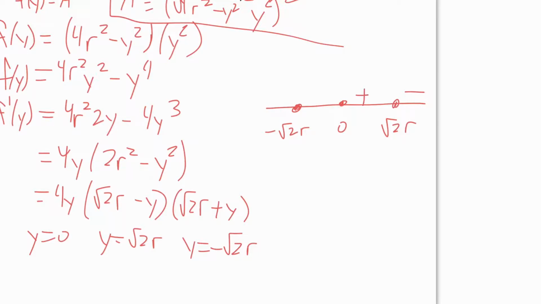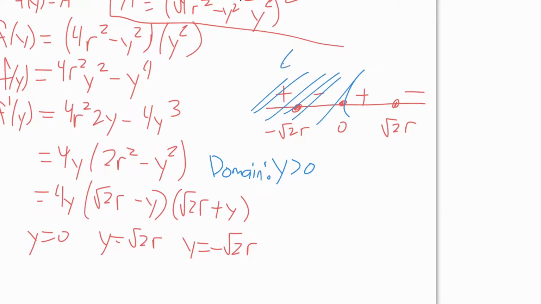Negative, positive, negative, positive. We should note that y must be positive. That's our domain. Which means right here, we can cross all this off because it's not in the domain. So it's not relevant for our picture. All we need is the increasing, decreasing. Oh, there you have it. There's the maximum happening right at root 2r.